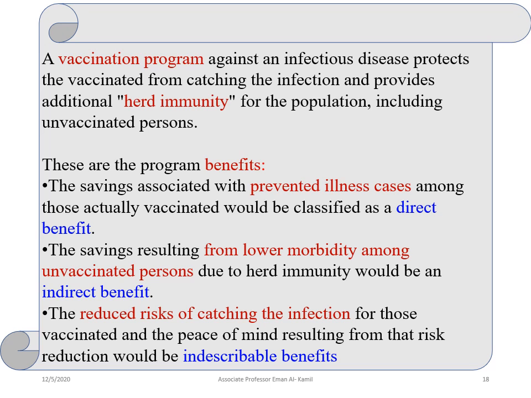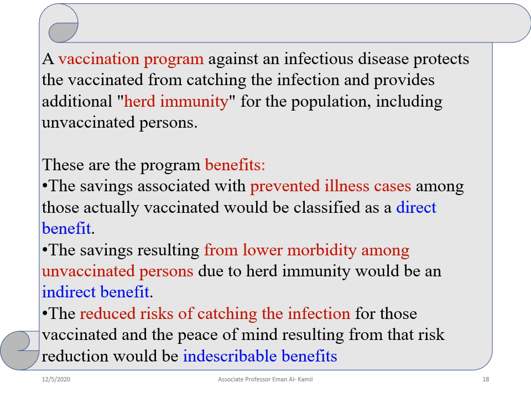So these are the program benefits. First, the saving associated with the prevented illness cases is a direct effect or direct benefit. The saving resulting from lower morbidity among unvaccinated persons, which is herd immunity, is considered indirect, as we mentioned.